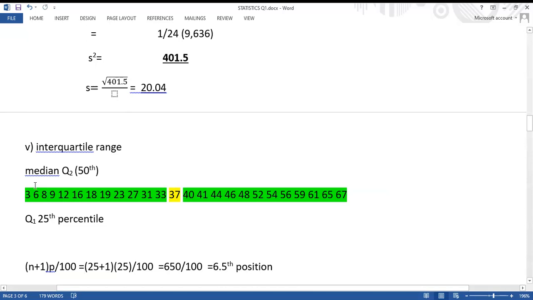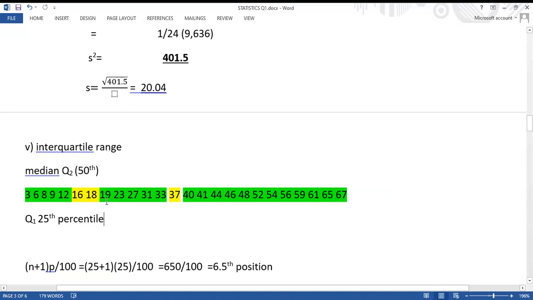You come to your data, the lower half. You start 1, 2, 3, 4, 5, 6. So 6.5 is in the middle here, between 16 and 18. It's here in the middle, the 6.5th position.